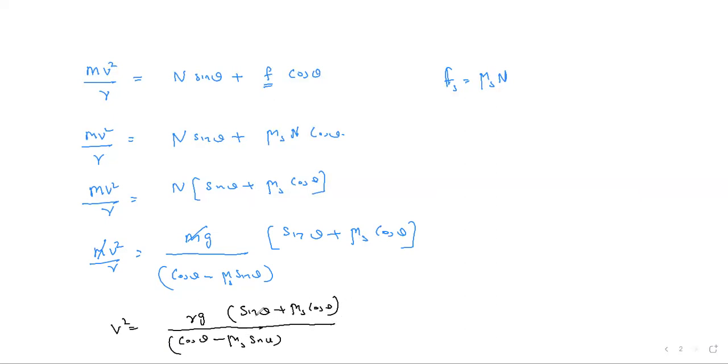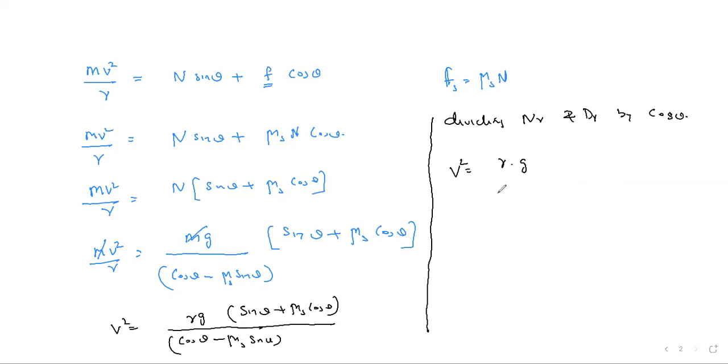To reduce the expression, we can divide numerator and denominator by cos theta. Then v square equal to r into g.